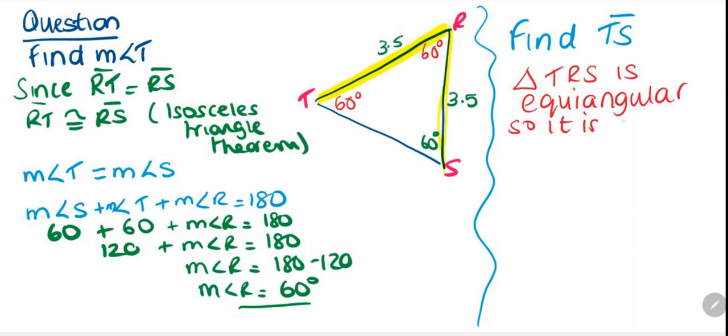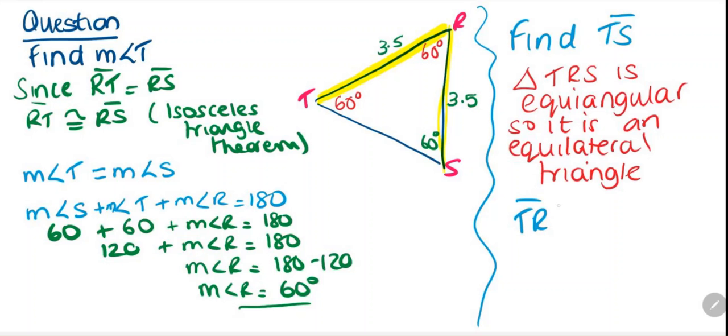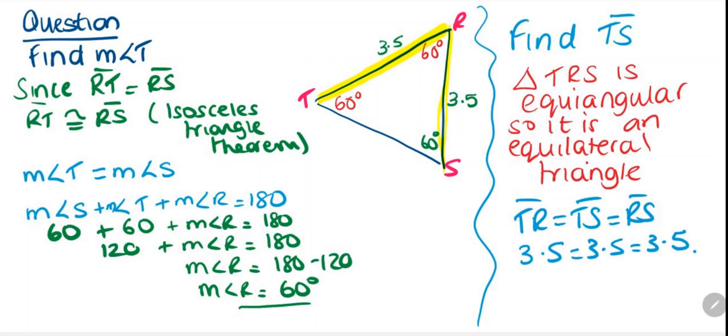So it is an equilateral triangle. And we know, therefore, that TR is equal to TS, and that is equal to RS. So 3.5, 3.5, and 3.5.